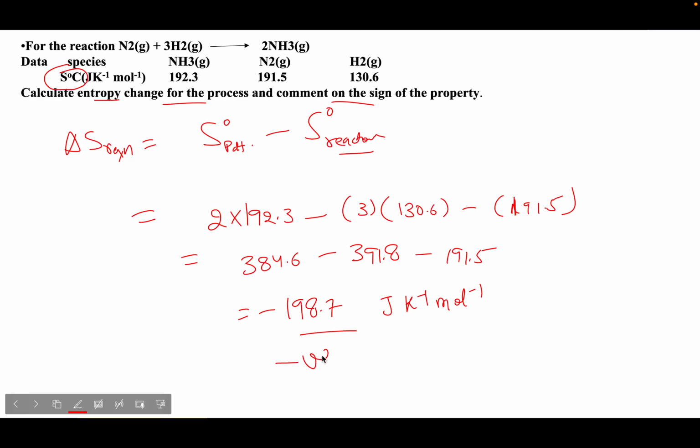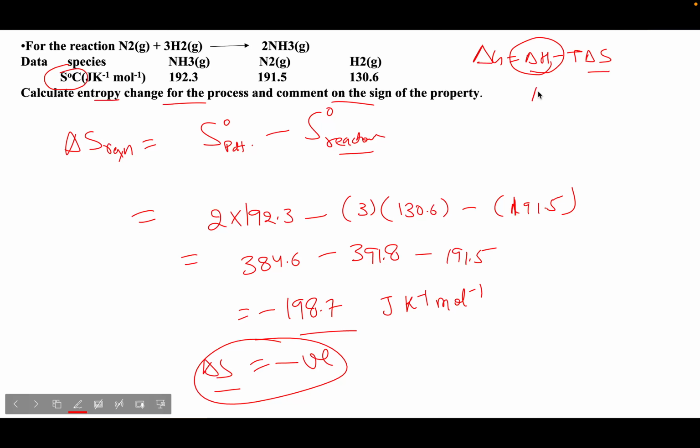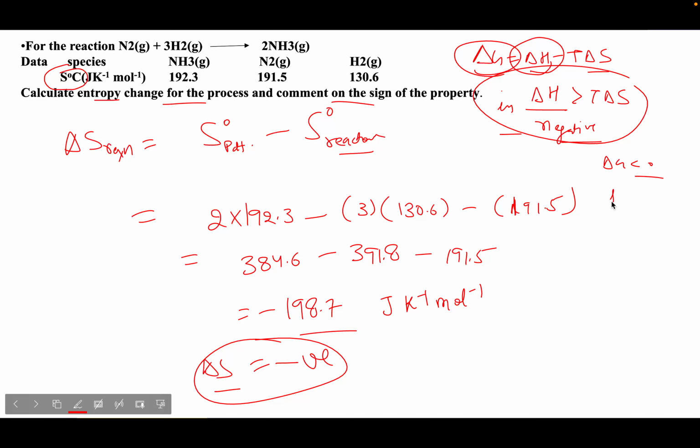So the sign is negative, the entropy of the reaction is negative, and we know delta G is equal to delta H minus T delta S. Since delta S is negative, this term will become positive. Now it depends on delta H. So delta H should be negative, and its magnitude should be greater than T delta S. Then only delta G will be negative and the reaction will be spontaneous.